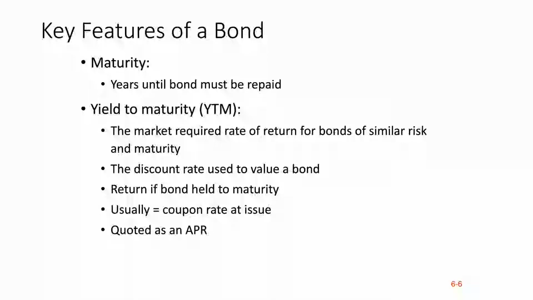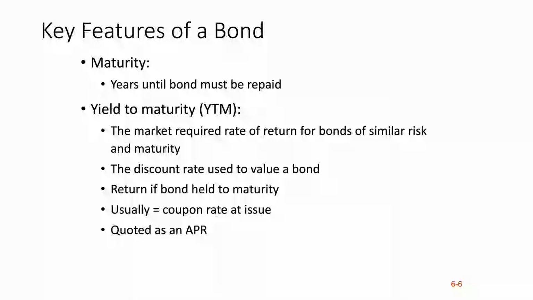Now, yield to maturity is the market required rate of return for a bond with similar risk and maturity. The maturity of a long-term bond can be 10 years, 15 years, even 30 years. Yield to maturity is the discount rate used to evaluate a bond.